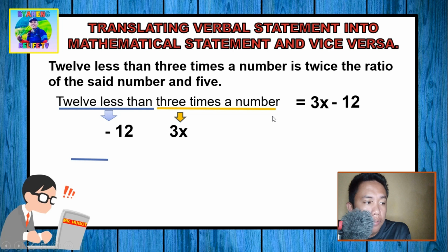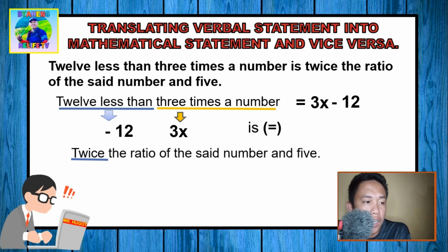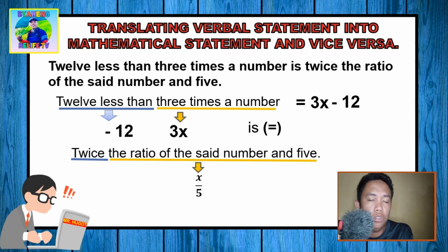Now, we have the word is, that will become equal. So, we're looking at the words twice the ratio of the said number and 5. Paano po 'to? Una natin bigyan pansin guys yung the ratio of the number and 5, that will become a quotient. So, division po yan.